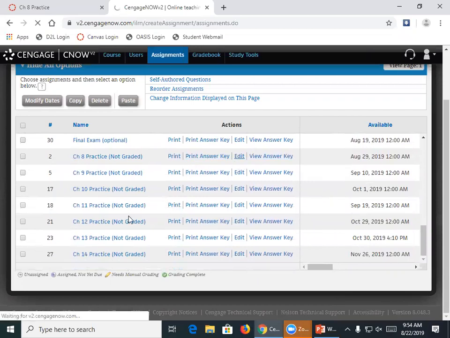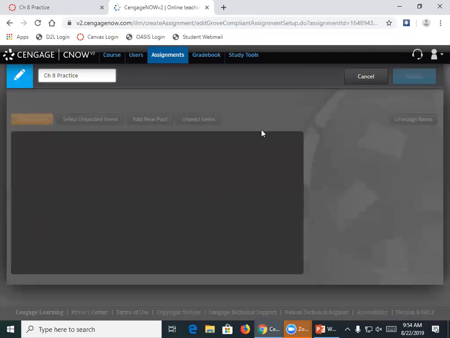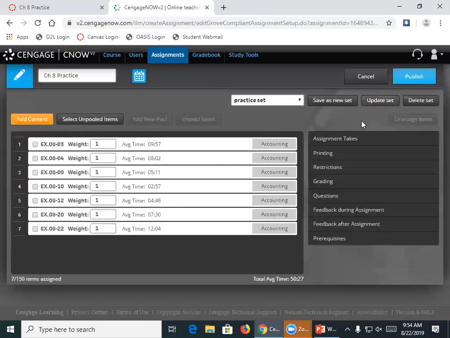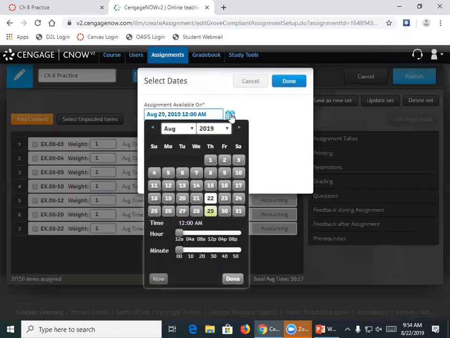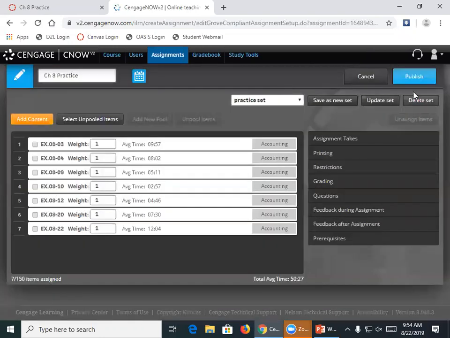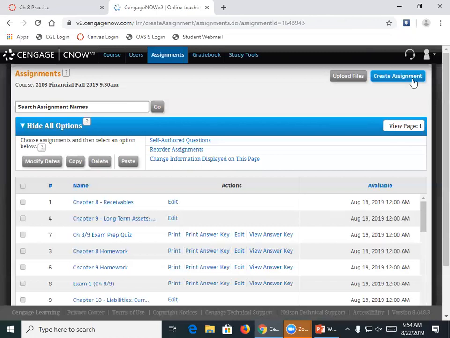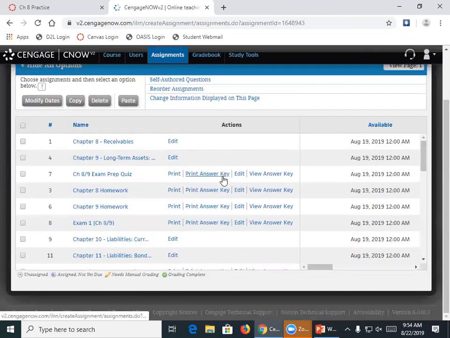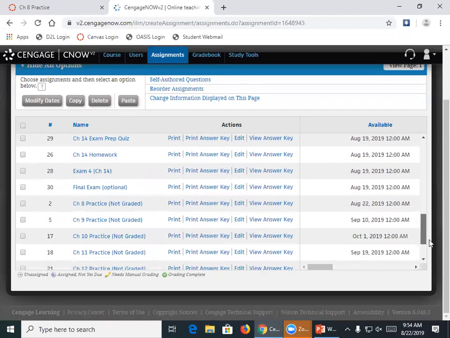I'm going to open that practice up. Hindsight though, practice 14 is locked until the 26th, but the exam's on the 21st. I'll go ahead and play with those dates. It always shifts all my dates when I copy things over from one semester to the next. And I changed all the assignment dates, but I obviously didn't change the actual.